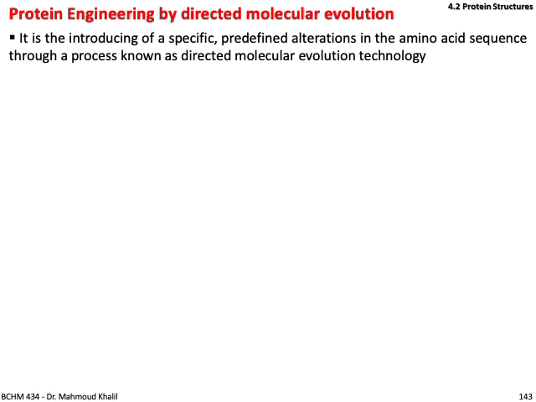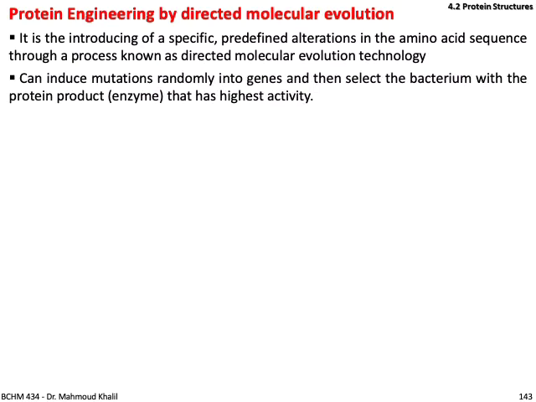Protein engineering by directed molecular evolution. It is the introduction of a specific predefined alteration in the amino acid sequence through a process called directed molecular evolution technology. It can induce mutations randomly into a gene and then select the bacteria whose protein product, an enzyme, has high activity.